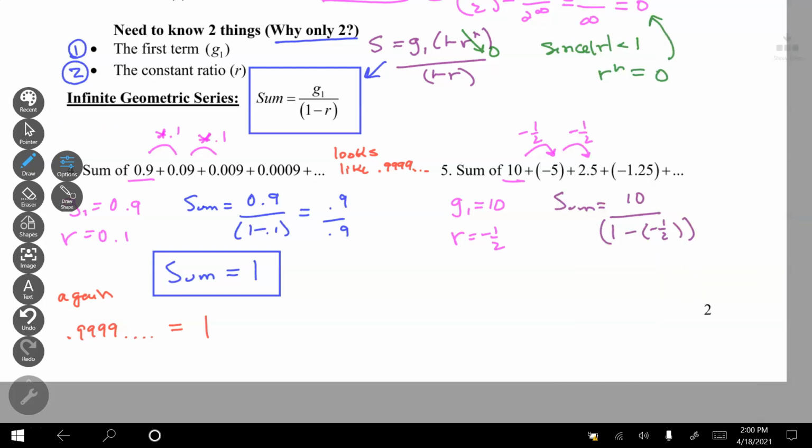So my sum is equal to 10 over, this is 3 over 2. And I'm pretty sure I learned a long time ago I do not like dividing fractions. I multiply by the reciprocal. I get my total sum is 20 over 3, 6 2/3 is what I get as the grand total.